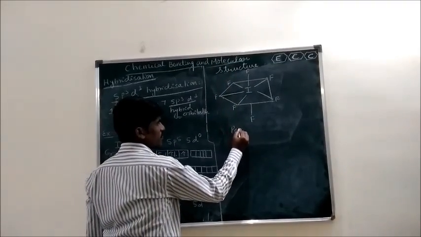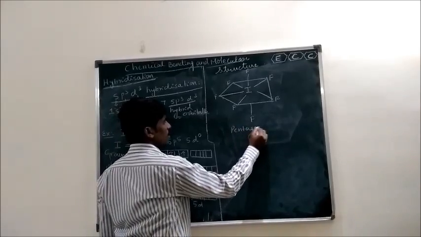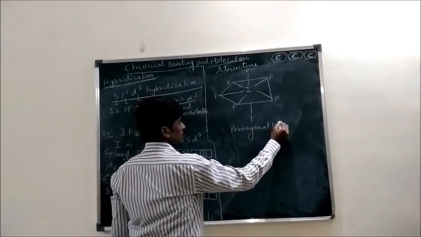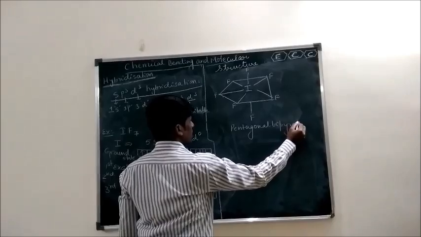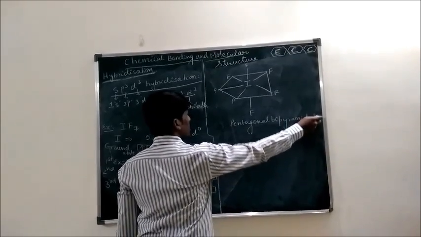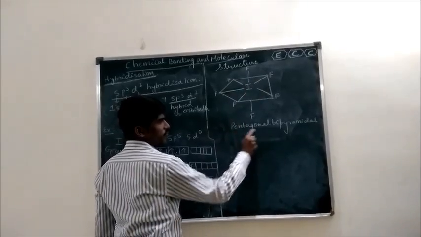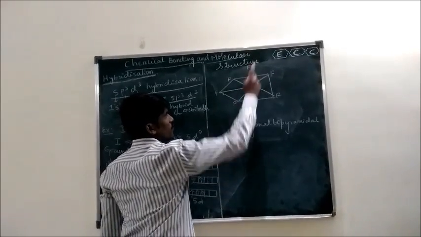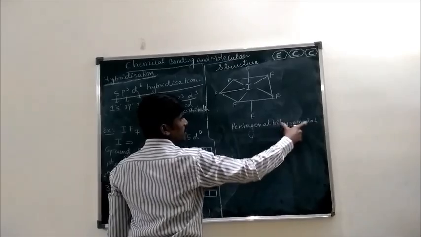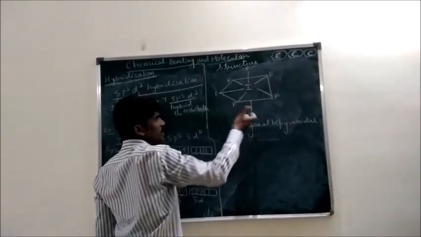It gives a shape called pentagonal bipyramidal. These 5 fluorine atoms are forming the pentagon and 2 fluorine atoms are forming the bipyramidal shape, one above the plane and another below the plane.